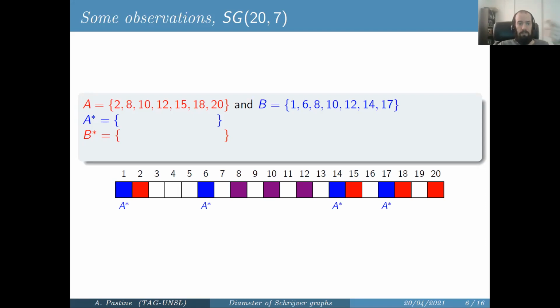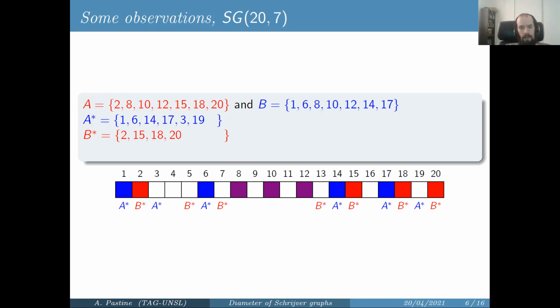Everything that is in A but not in B, we assign that to B star. Now, once we reach this point, the elements that are next to things that we already assigned to B star cannot be assigned to B star, so we are going to assign those to A star. In the same manner, whatever is next to something in A star, we assign to B star.